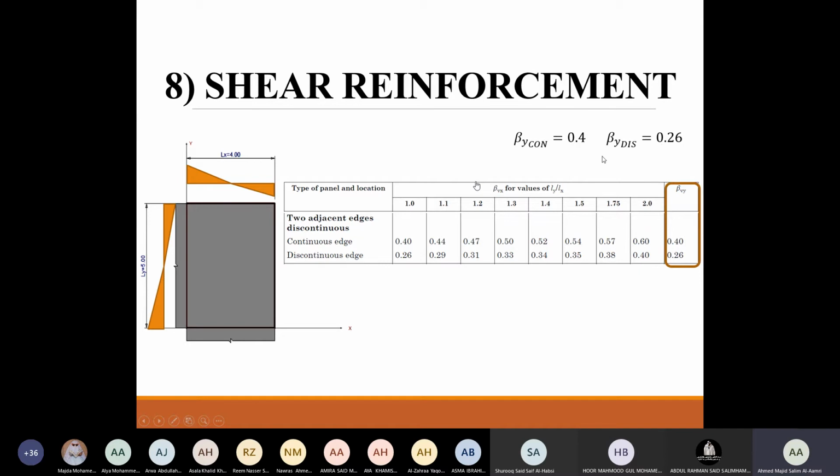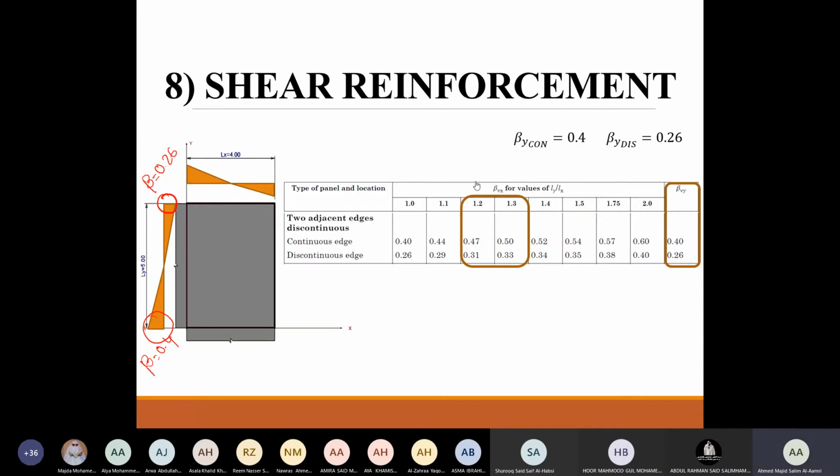This is the discontinuous part, so this beta for the y is going to be 0.26. And this beta for the continuous part is going to be 0.4. Are we clear?